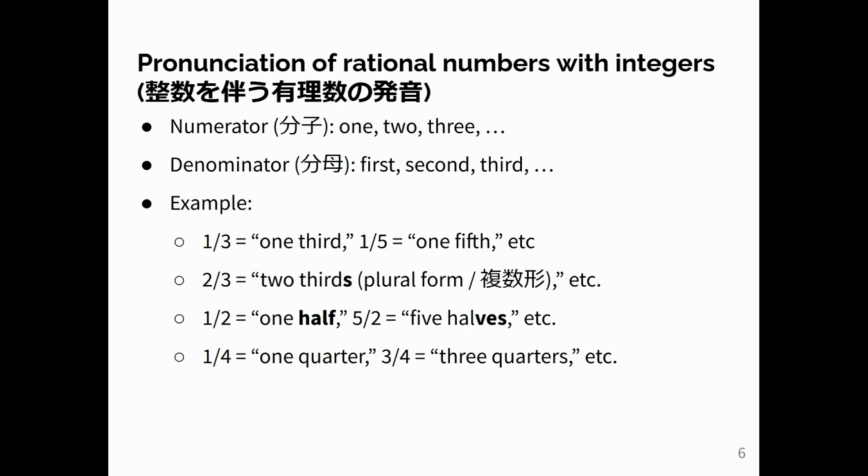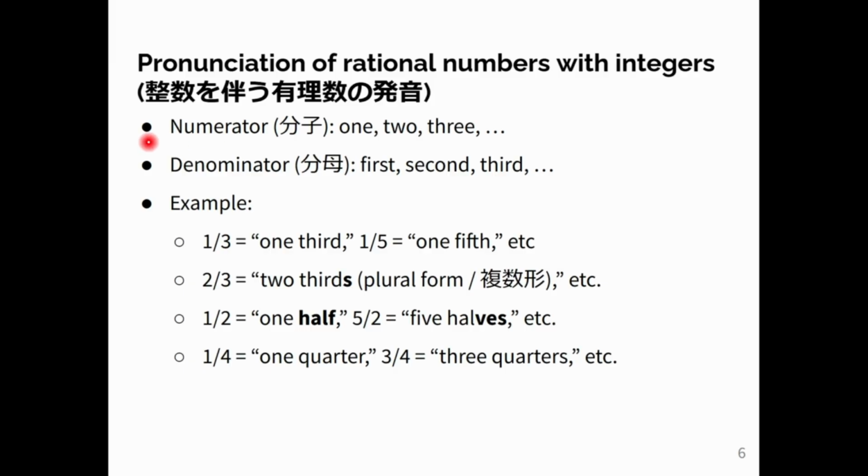And there is some special pronunciation of rational numbers with integers. For saying rational numbers with integers in English, there are some special rules. We use the regular numbers 1, 2, 3 in numerators.